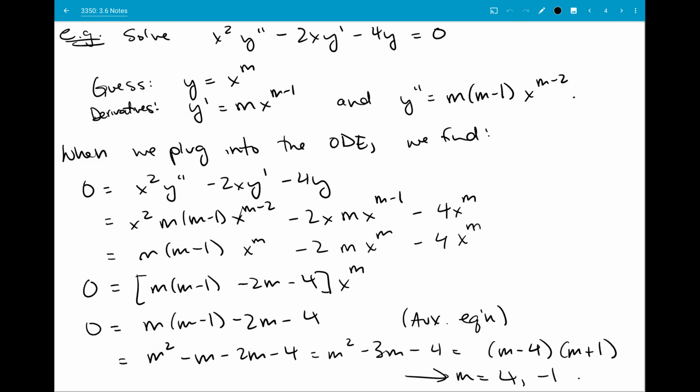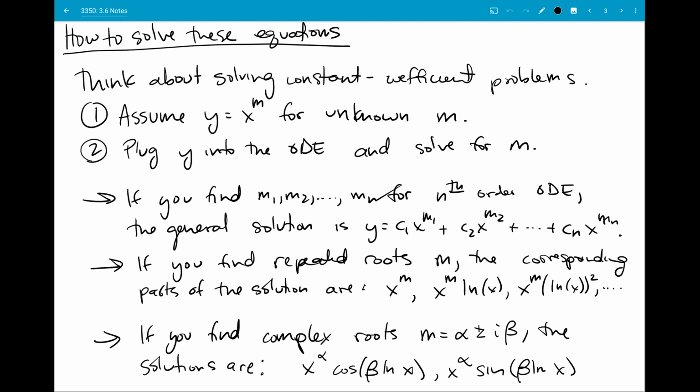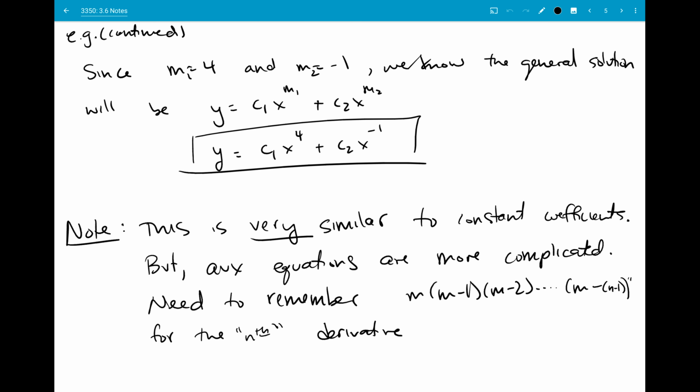And so since I found repeated roots, I go back to my list of ways I solve this type of equation. To get enough solutions to form my general solution, second order needs 2 solutions, I start adding on powers of natural log x until I have the amount of solutions I need.